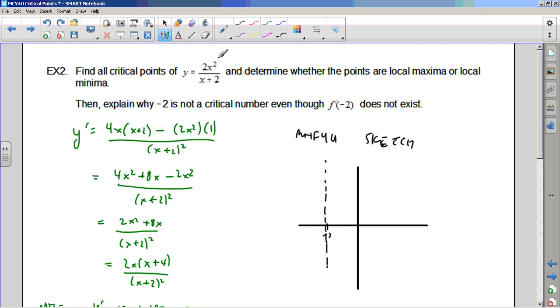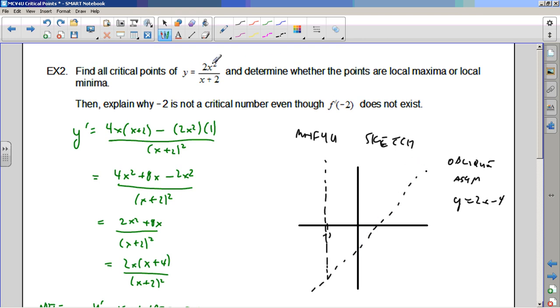I know it's got an oblique asymptote because the top is one degree higher than the bottom. I could do long division and find that out. And somewhere I have, where was it? There it was: the asymptote at y equals 2x minus 4. So it looks something like this. That's the oblique asymptote.